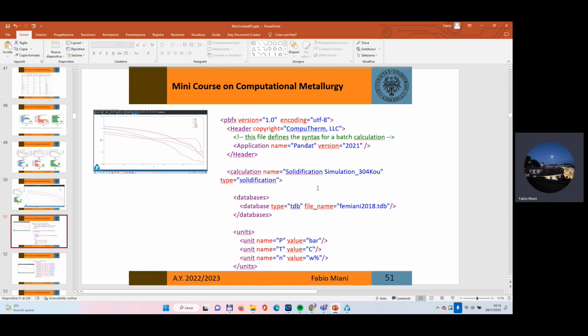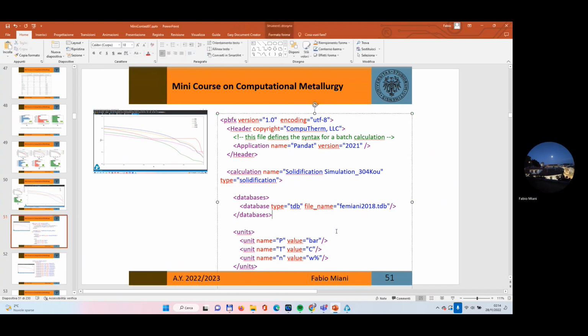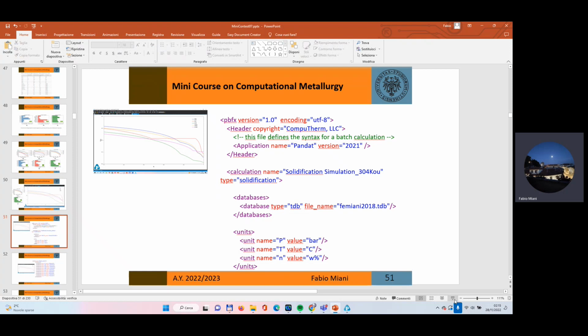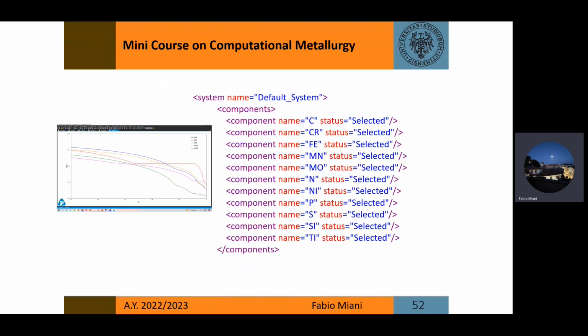but there is a header here. You should not modify this. You should understand what is going on. So then you have the database we've been using. So this is useful for you. And then I have selected, because this has been done with the full version of the software, the elements I needed, so carbon, chromium, iron, manganese, molybdenum, nitrogen, nickel, phosphorus, sulfur, silicon, and titanium.